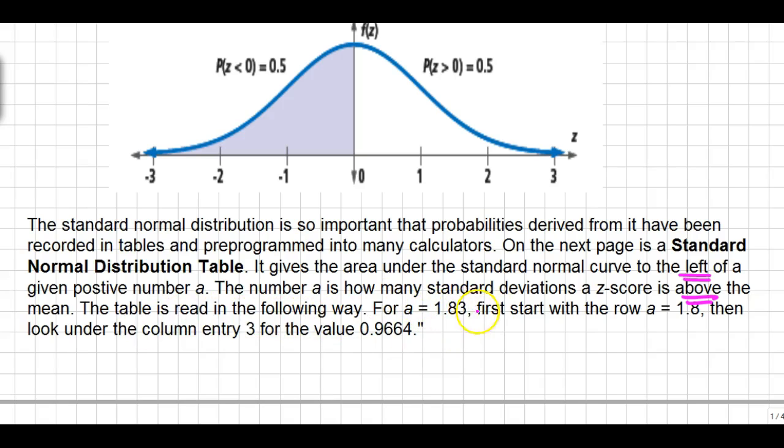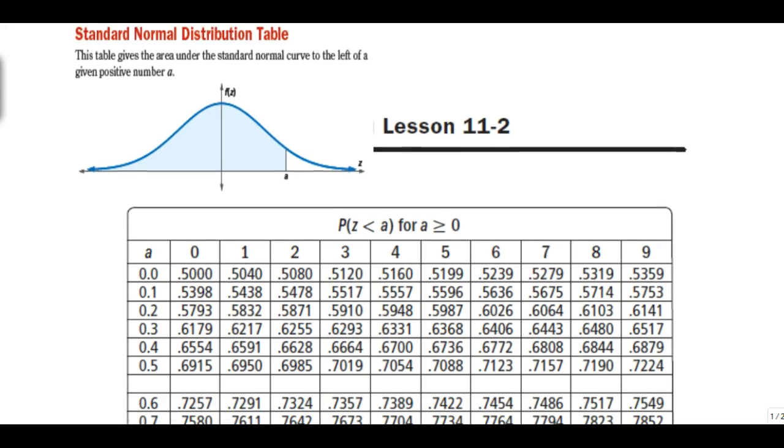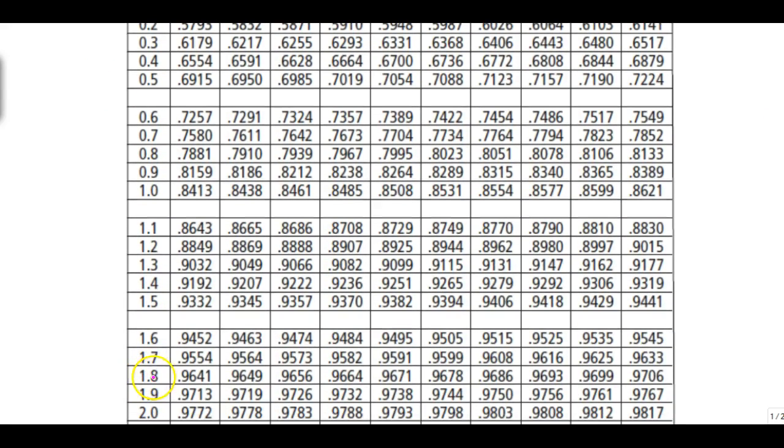First, we're going to look at 1.83, and that should generate the number 0.9664. So let's go to 1.83 on the table. And the table looks like this. This is available in your textbook for lesson 11.2. Sorry, I don't have the page number itself. So if we're going to look up 1.83, we go down to 1.8, and then we go over to column 3.